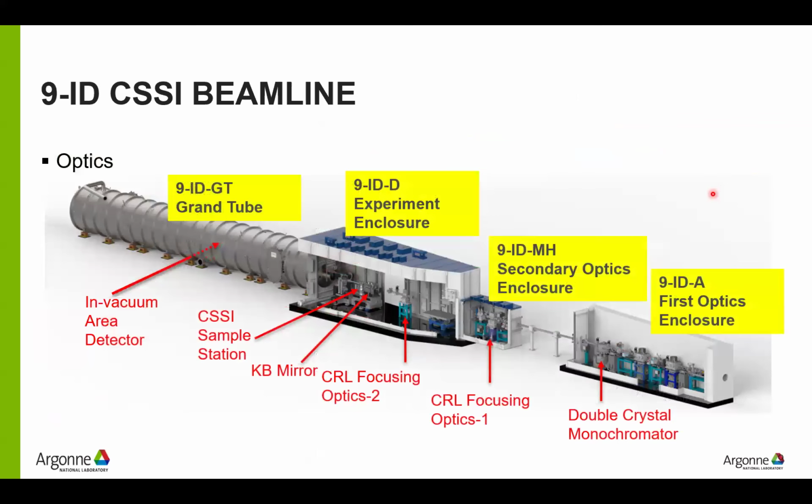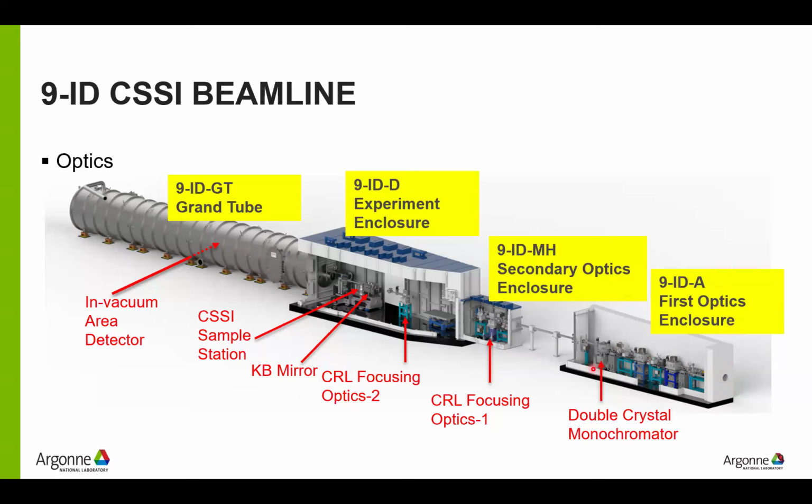Okay, and then this is a schematic of the 9ID beamline, the way it looks now. And folks who are familiar with the old 9ID might recognize 9ID-A. That's the only hutch that's still standing from the previous beamline. Everything else was razed and now has been constructed anew.